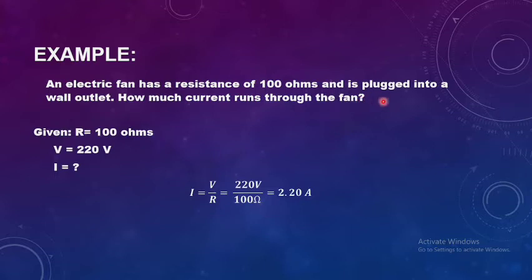Since we are here in the Philippines, we use 220 volts. If the answer is not in the choices, you can change that into 230 volts. So it depends. In this problem, I use 220 volts and the resistance of 100 ohms. So our current will be 2.20 amperes.